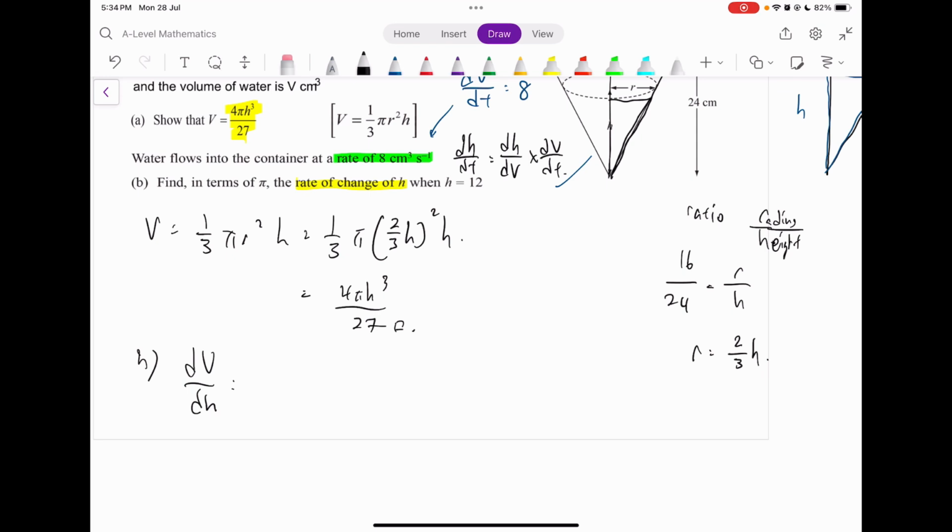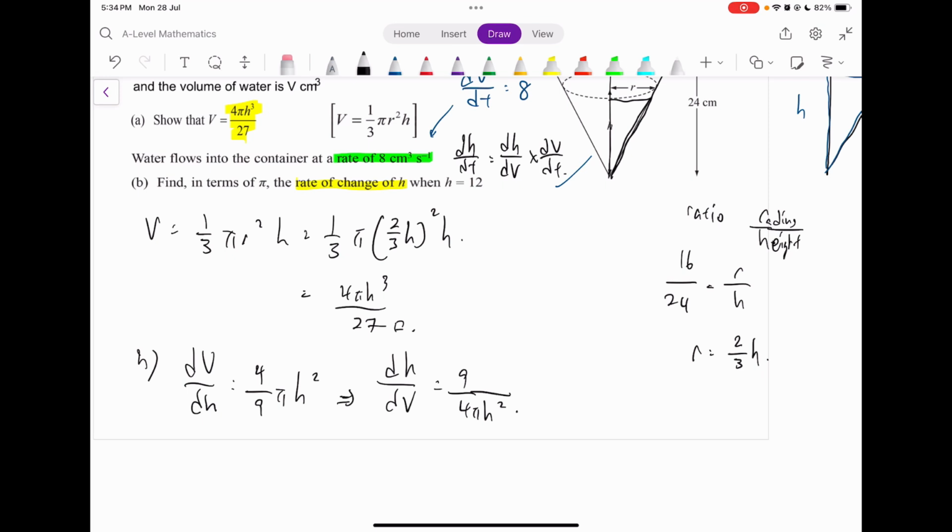那这样子的话，我们就可以得到，因为是 multiply of 3, 4 over 9 pi h square. Yes, 4 over 9 pi h square. Should be. Let me double check. Yeah. 所以我们的 dH over dV is equal to 9 over 4 pi h square, like that.